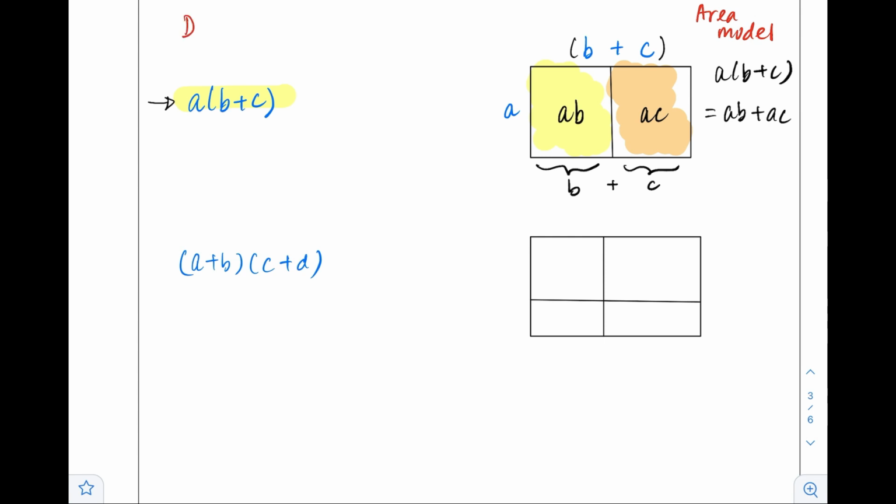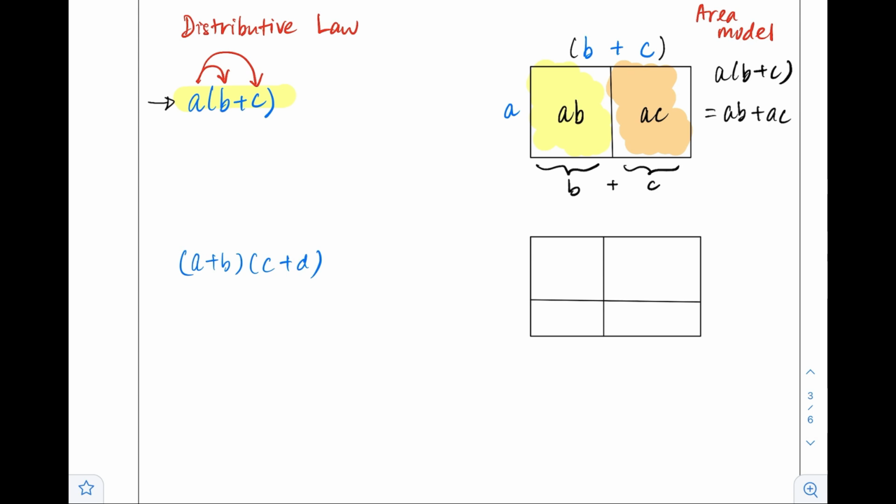Alternatively, I can also find the expansion by thinking of the distributive law or property that we have learned in Set 1. Okay, remember in Set 1, we learned that if we want to find the product of a times (b plus c), we can distribute a into b and c.